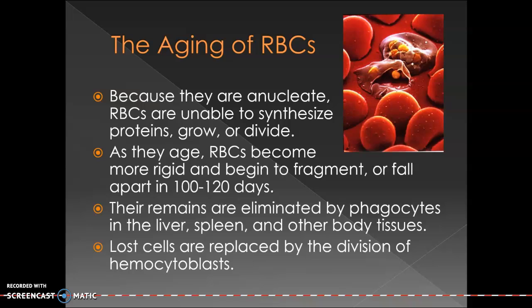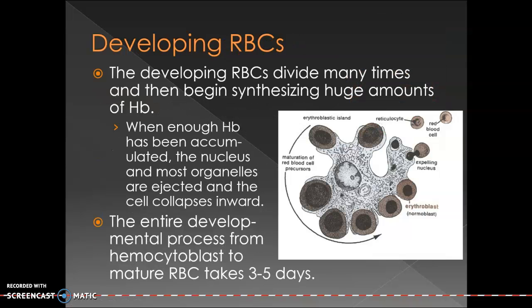And once they've reached their maximum time, then they die, or they're broken down and they are taken to the liver, spleen, and other body tissues to be broken down and released, and then the hemoglobin from those cells is actually reused.